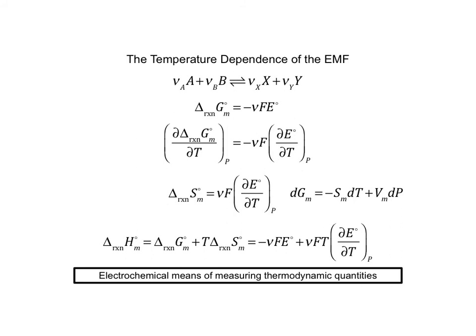So now let's put some things in terms of derivatives so that we can see how things are changing. So if we think about how delta G responds to temperature, we see that we have to consider how this cell potential responds to temperature. Now, from that, we can say that the derivative of delta G with respect to temperature is really the negative of delta S. This is one of our transforms.